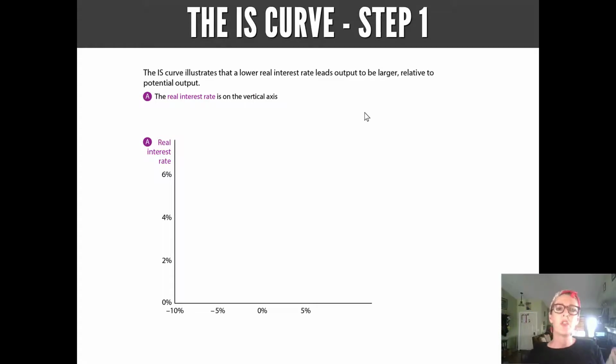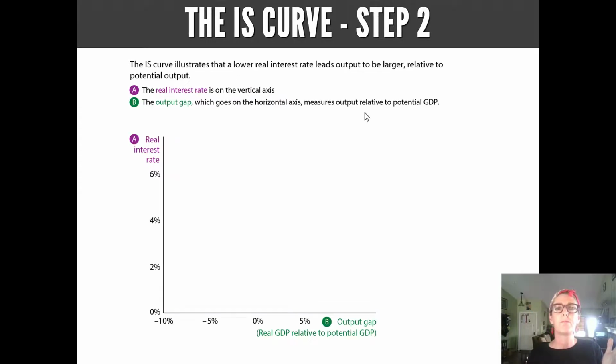So the real interest rate, again, on the vertical axis. The output gap is on the horizontal axis. So we've already built the relationship. What do you think it looks like? Lower interest rate, what should happen to the output gap?